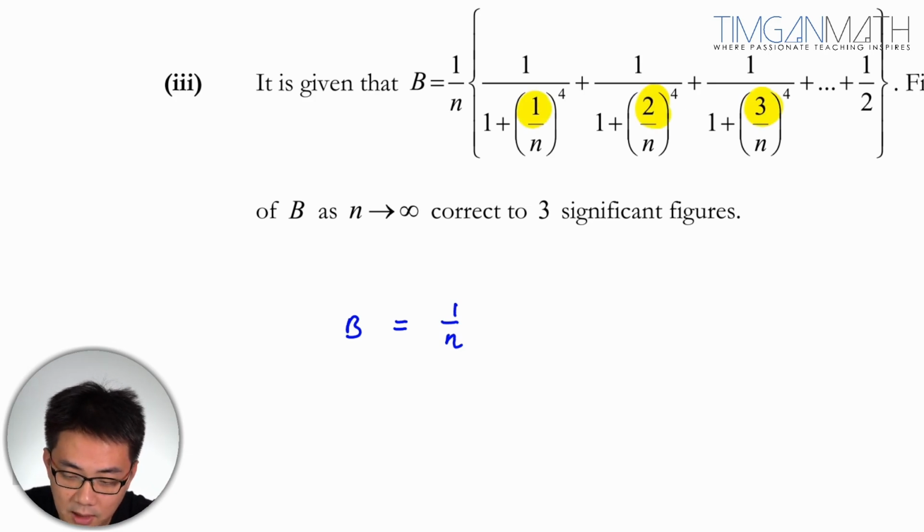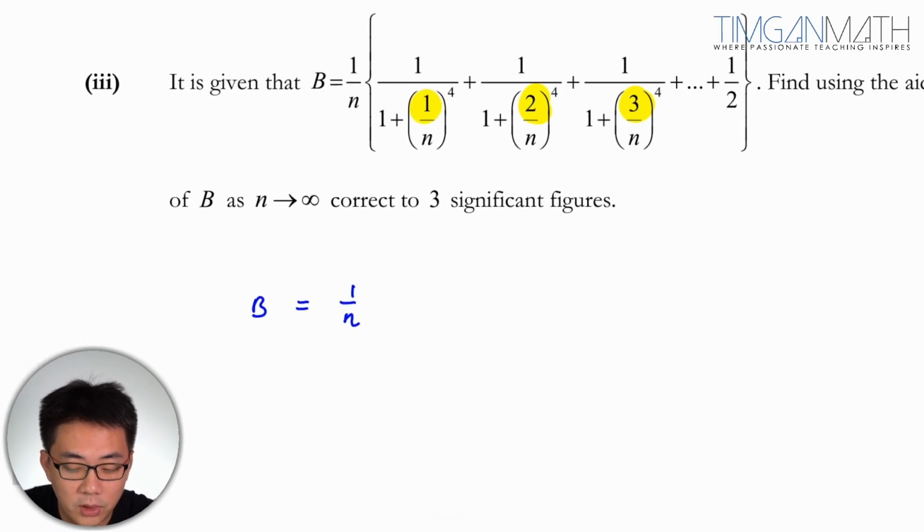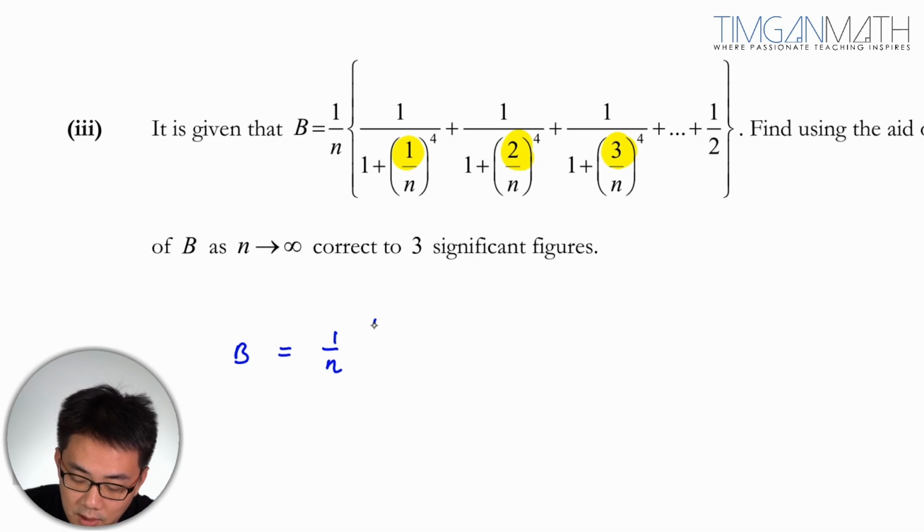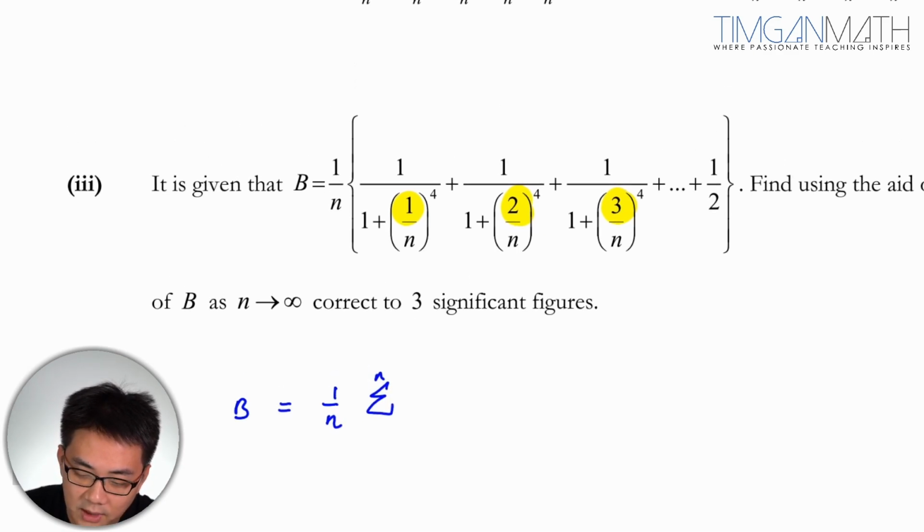And because n goes to infinity, we're going to sub in a very big value of n. If n is a constant, this would just be, let's say, k, or r, or n, because you have n terms here.